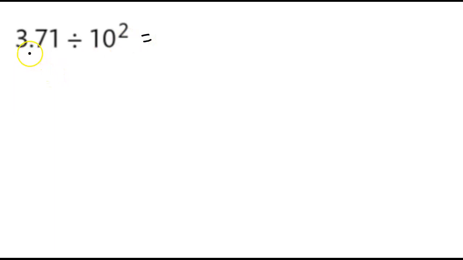We're going to take this decimal right here, and we're going to go 2 places to the left. 1, 2. And so my decimal will be right here. But I have a hole here, and I've got to fill that with something. And I know that I'm going to fill it with 0. So my quotient of this division problem is 0.0371. So this would be the quotient to this answer. I hope that makes sense.